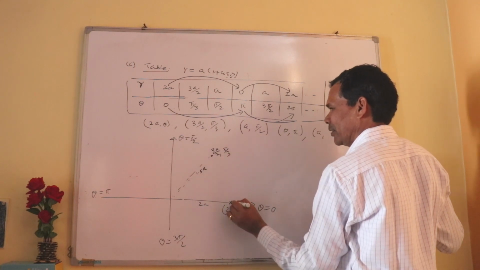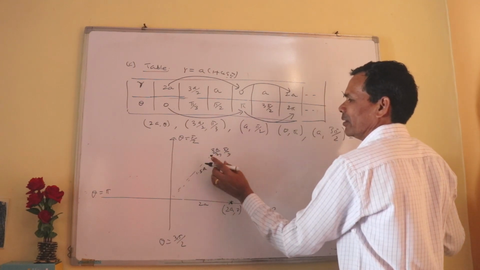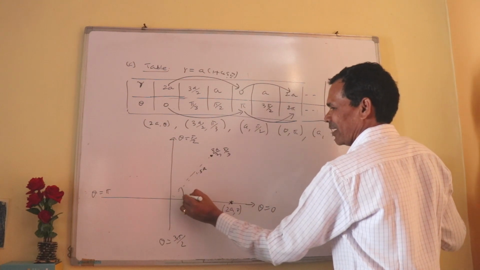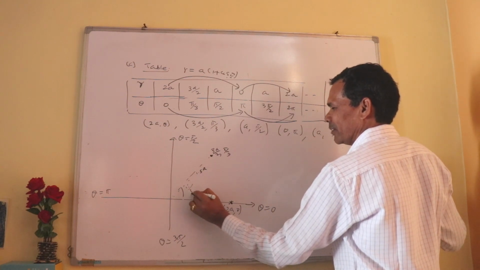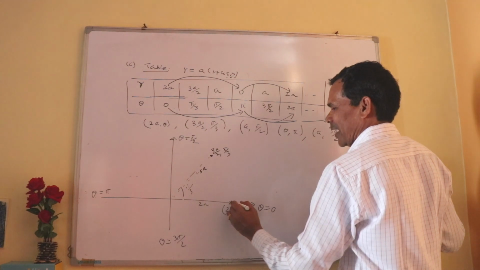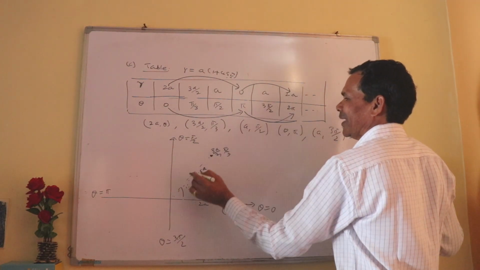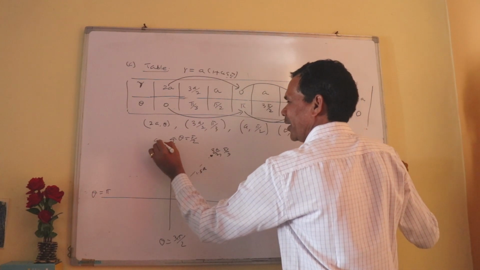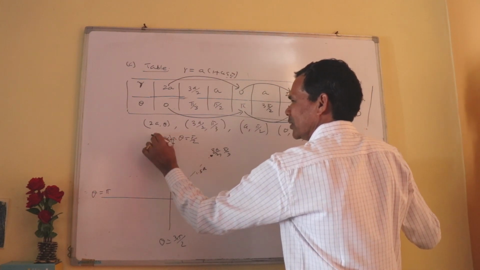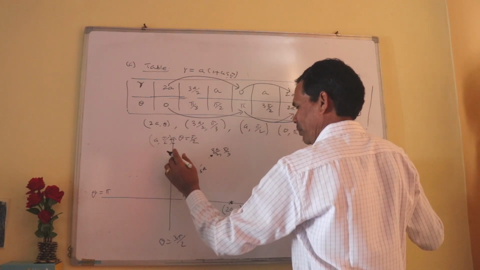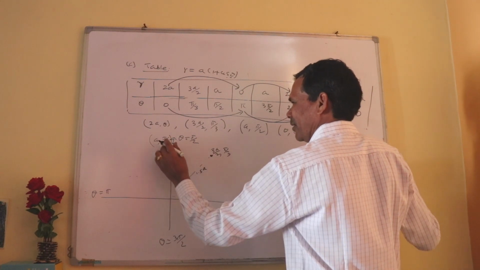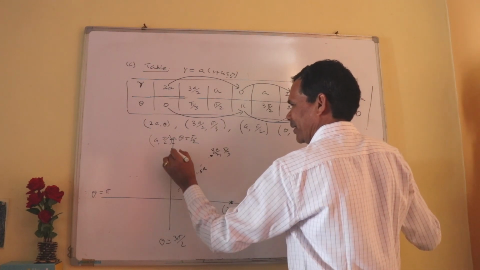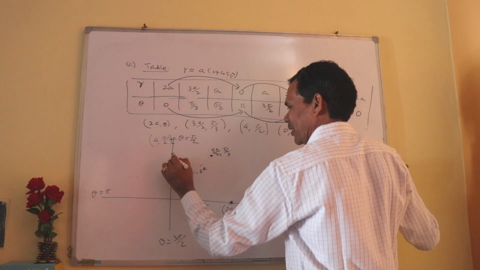This is the second point, this is the first point, and this is the length. This angle is pi by 3, 60 degrees. This angle is 0. The next is a, at pi by 2. So this is the next point. So a would be exactly here, half of this, so it would be something like this.